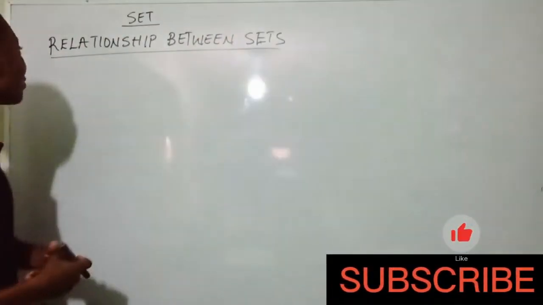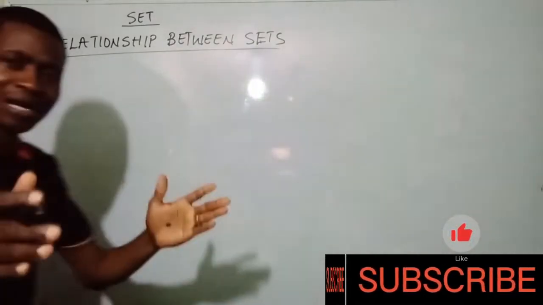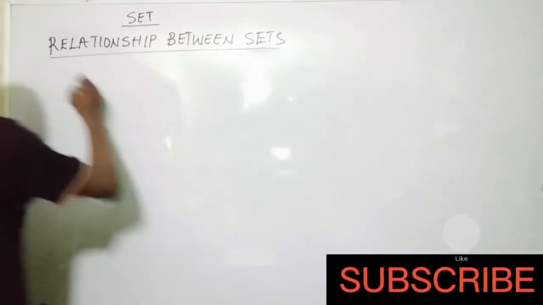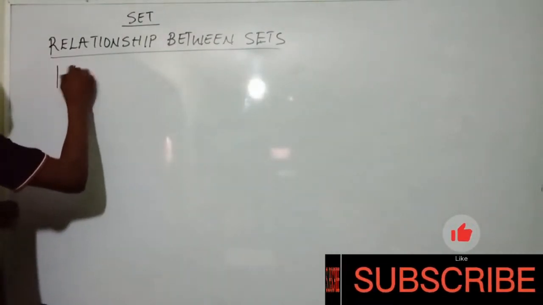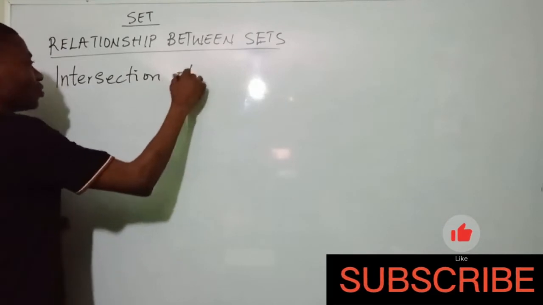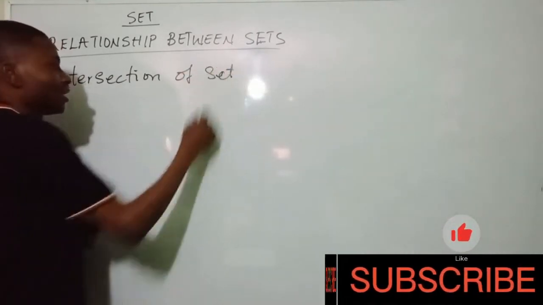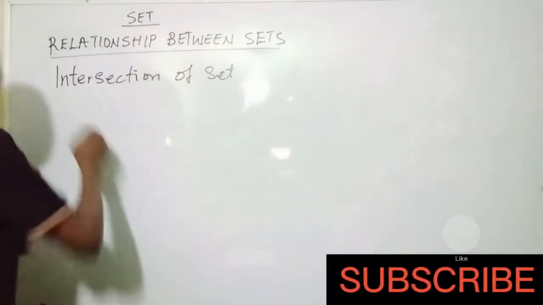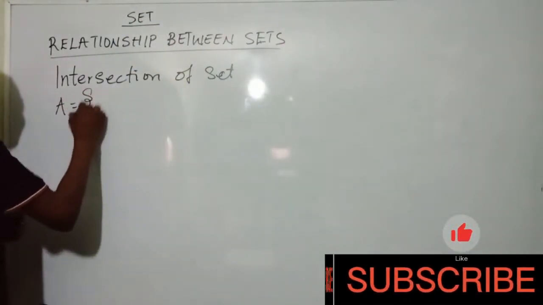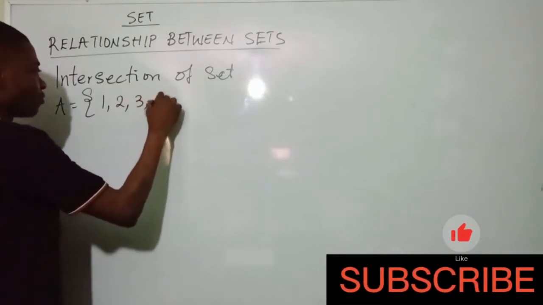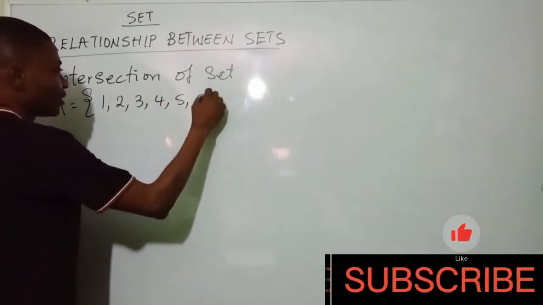Now we're talking about a relationship between two sets. Let's talk about the first one, intersection. Intersection of sets. What does it mean when we say intersection of sets? For instance, I have a set A: 1, 2, 3, 4, 5, 6.